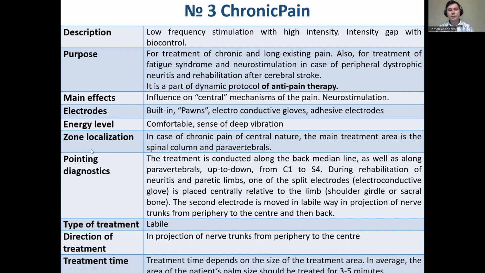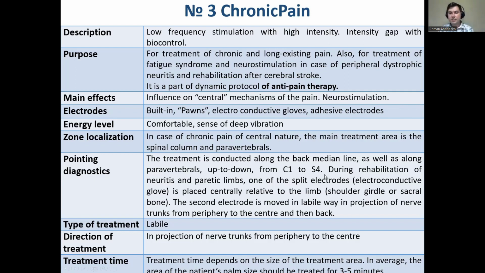If we look at the zone, in case of chronic pain of central nature, and by central nature, I mean that it is located on the back between the second and the third pathway. If you remember the technique called 3 pathways, 6 points, if it is located within this area, this is the central nature. So if this kind of chronic pain is located in there, this is our client. This is where we use chronic pain.